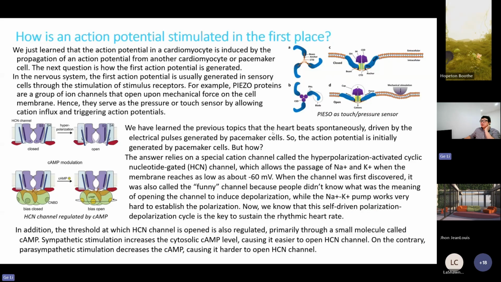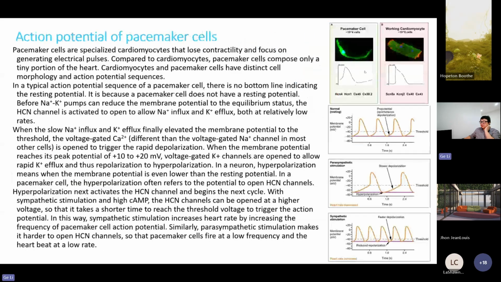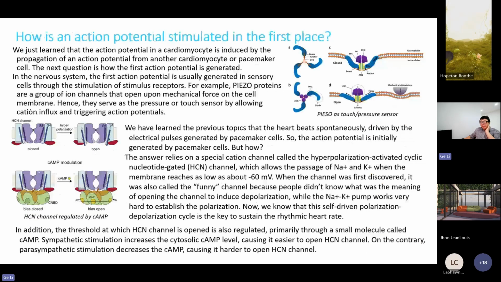Coming back here. Hyperpolarization is this one, when it's going all the way down. And when it reaches the bottom, this channel is open. This is an ion channel, and it is open when the cell membrane potential reaches a low level.